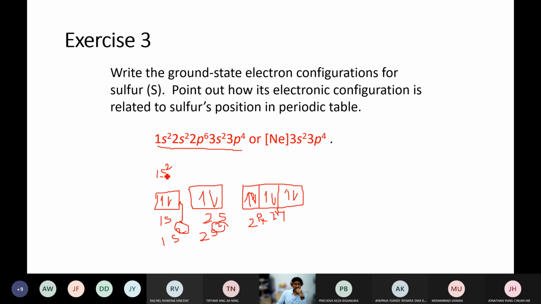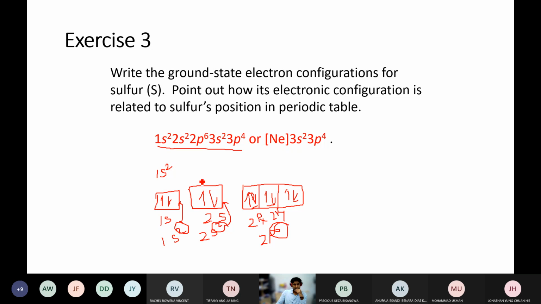Here as well. And 2p6, because there are 2, 4, and 6 electrons here. Without showing all the sublevels, we just put 6, to show the maximum electrons staying in 2p.